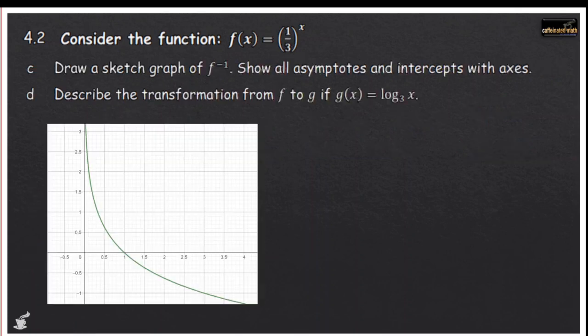Next, draw a sketch graph of the inverse of f. Show all asymptotes and intercepts with the axes. In this case, our asymptote, let me make it in a red, is going to come in there, right on top of the y-axis.